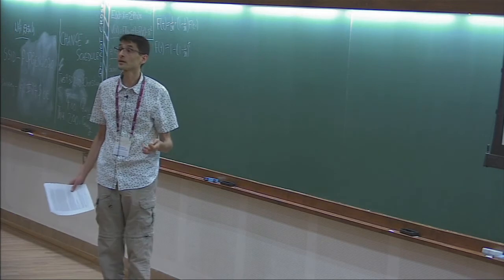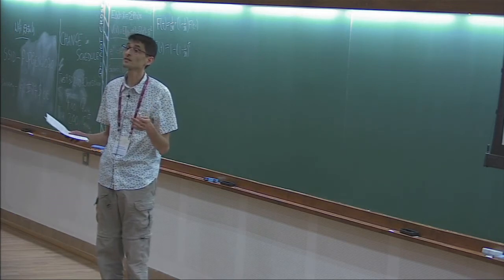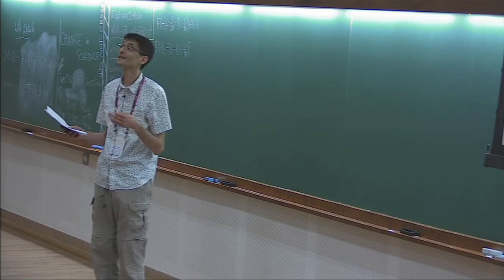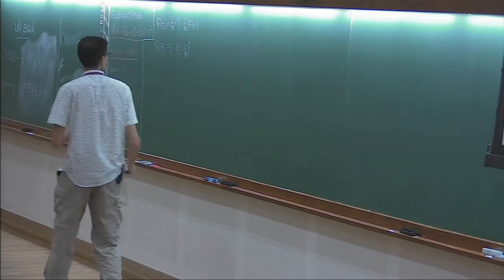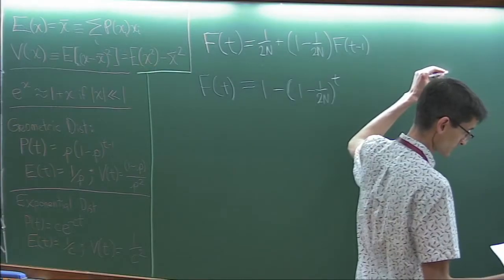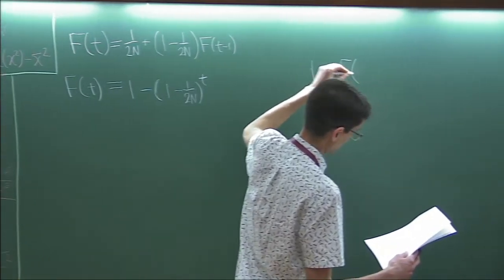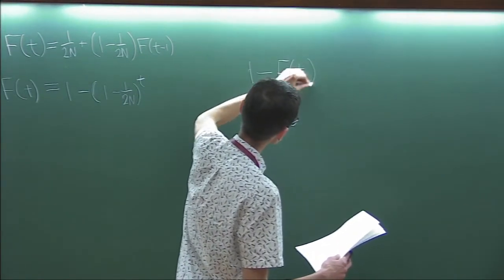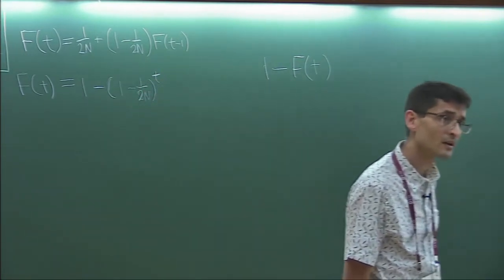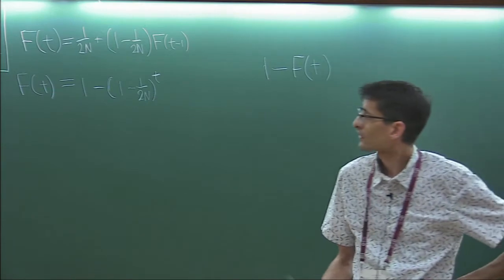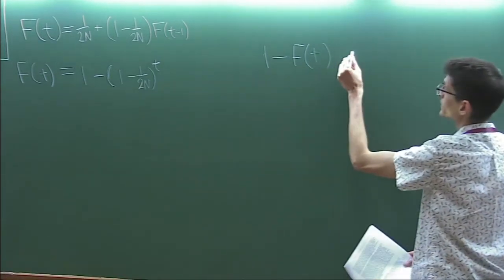Well, it turns out a good way to think about that is to think about what is the chance that two alleles would not be identical. Well, for two alleles to not be identical, that would just be using this result.